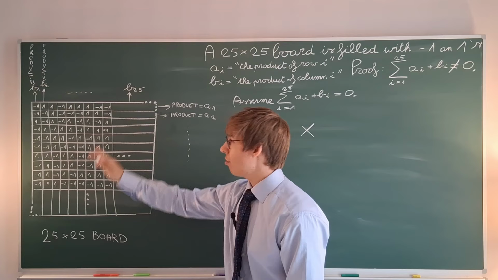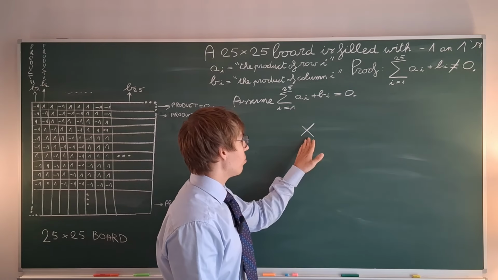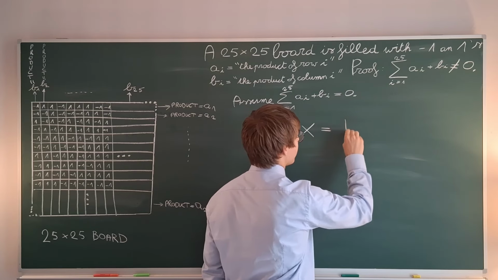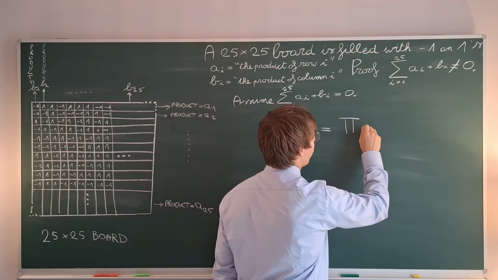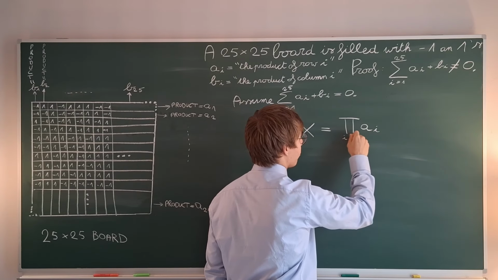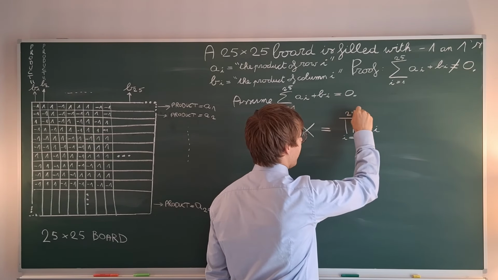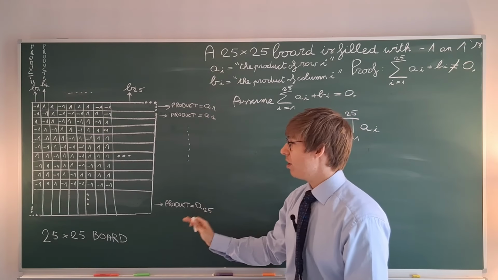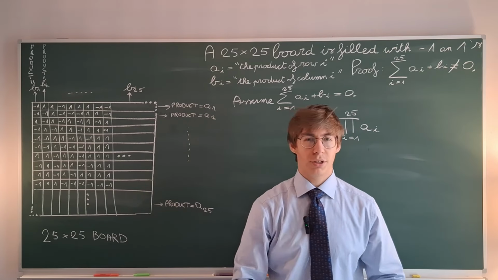So the product of all elements. So that is 1 or minus 1. But we can also write this as the product of all Ai from i equals 1 to 25, because if we take the product of A1 to A25, we get the same total product.